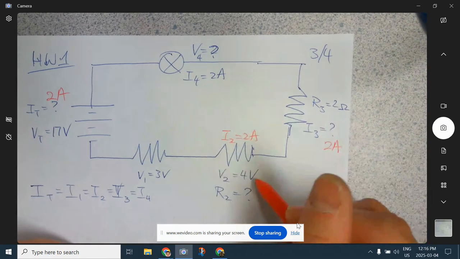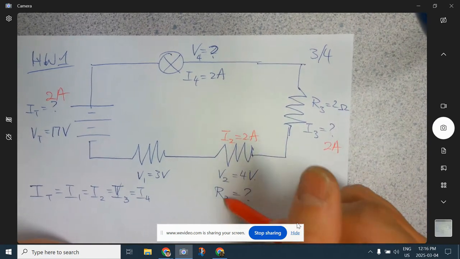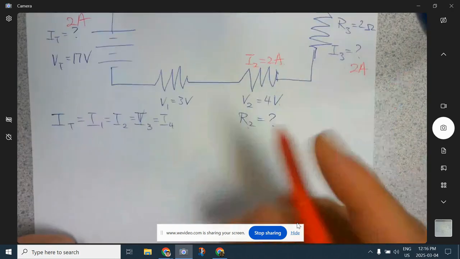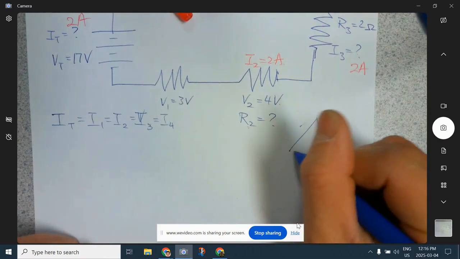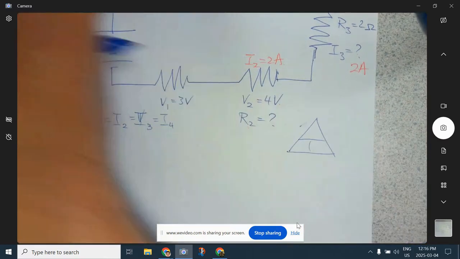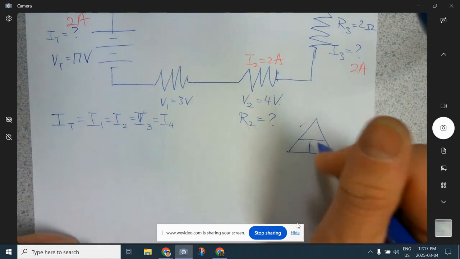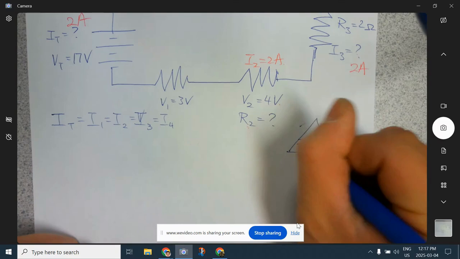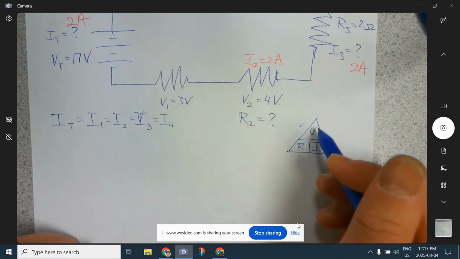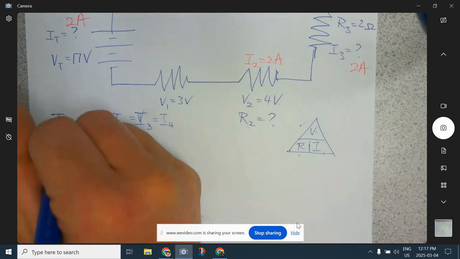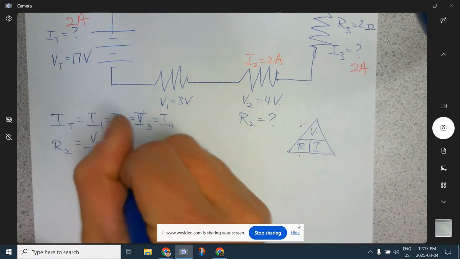Because once we know voltage, once we know current, we can just use Ohm's law to figure out the resistance here. So just a reminder, in terms of Ohm's law, V over I, in this case, resistance equals V divided by I. So R2 equals V2 divided by I2.